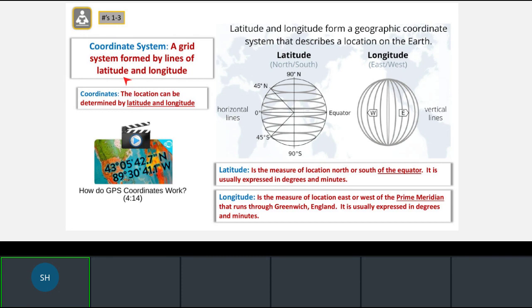In a way, it's very similar, if you're really familiar with math or really love math, to the Cartesian coordinate system, but this is a little different. It works in a very similar way. Now, the coordinates are done usually by latitude and longitude. So location always is determined by latitude and longitude. All right, so let's go to this video here real quick, and we'll be right back and we'll wrap up this lesson.